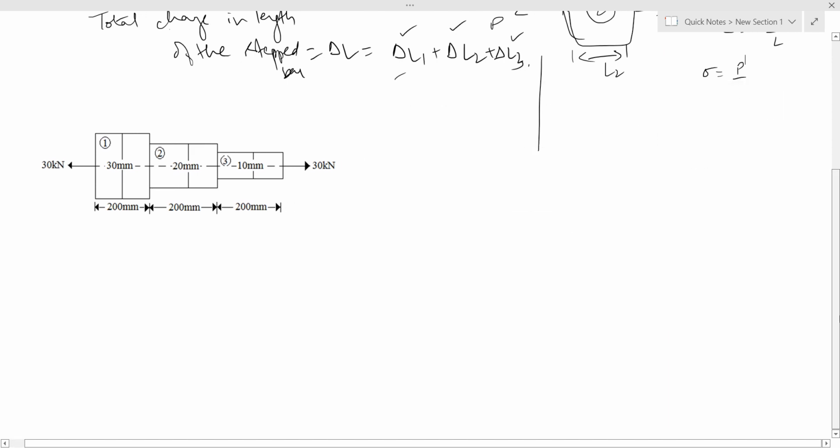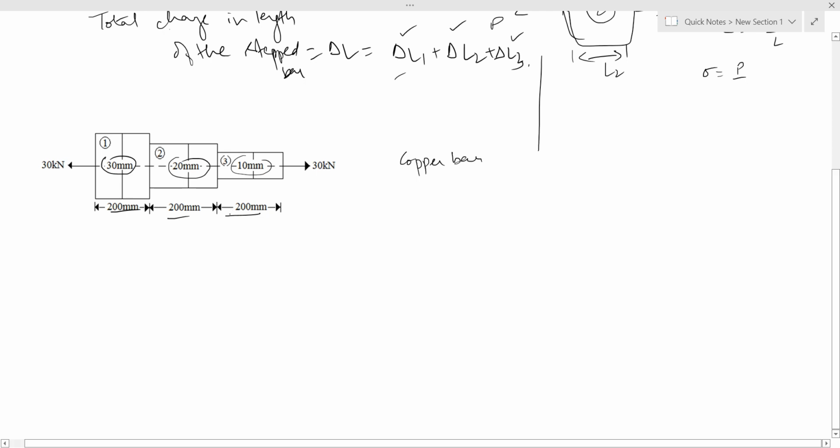Here you can see a 600 mm long bar, 200 plus 200 plus 200, 600 mm, a long round bar of copper. The material given here is copper, and it has a diameter of 30 mm for a length of 200 mm, 20 mm for a length of 200 mm, and 10 mm for the remaining portion.